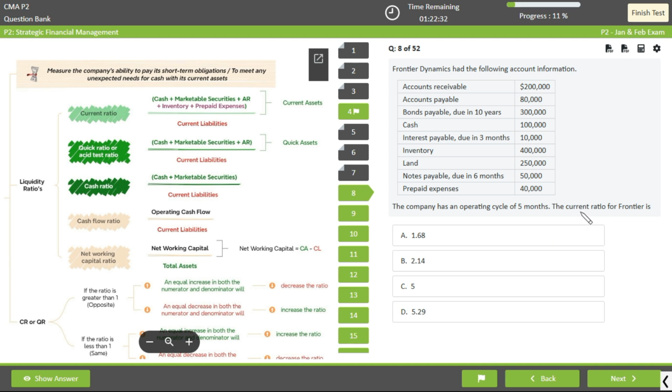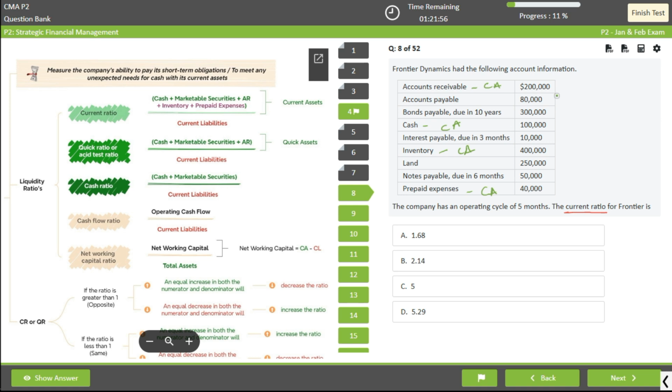Here they need the current ratio. So let us mark what they need. They need the current ratio, so we need current assets by current liabilities. Let us mark the current assets first. Accounts receivable is your current asset, cash is your current asset, inventory is your current asset, and prepaid expense is your current asset.